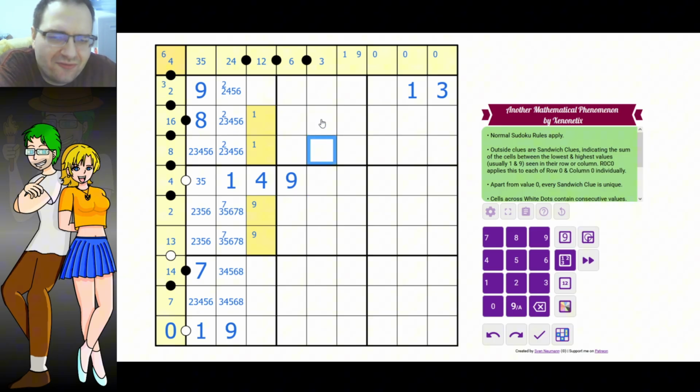Because if this is the 1, this has to be the 3 and this is a 9, which doesn't work. This cannot be a 1. If this is the 1, this is the 3, and this is the 9, which also doesn't work. So none of these can be a 1.